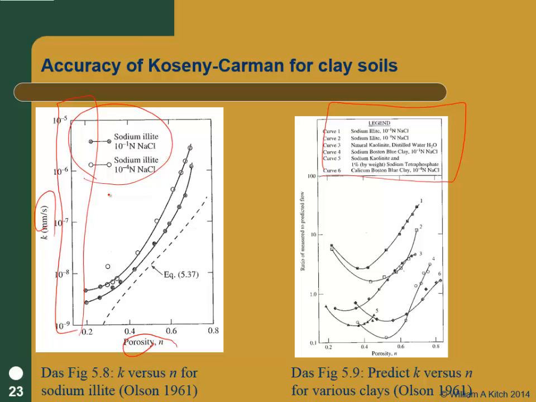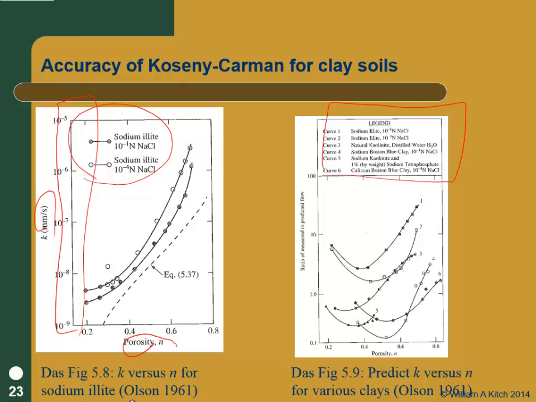Is it the porosity? There is a porosity effect, and it seems kind of a strange one, because at a low porosity, if you increase the porosity, the hydraulic conductivity actually goes down. But the thing that's more important is the clay mineralogy and the pore fluid chemistry, right?